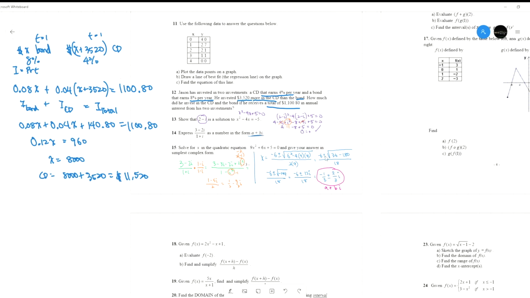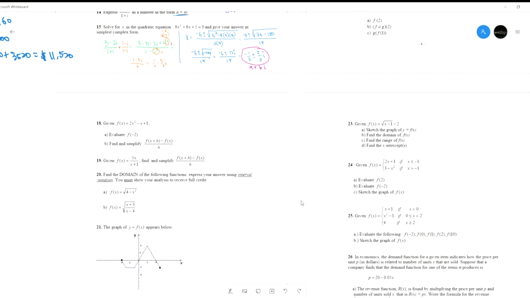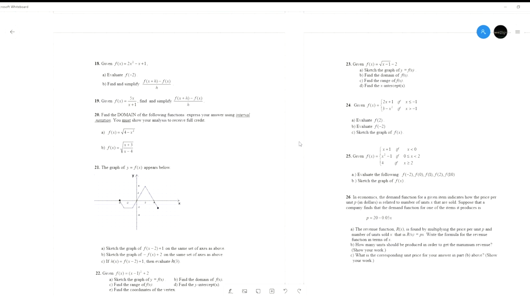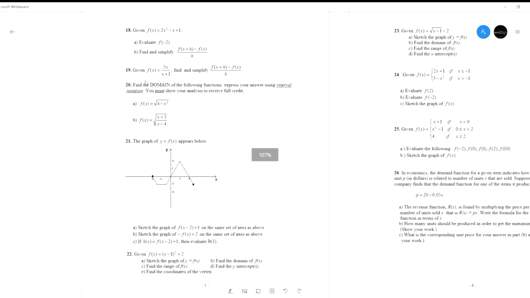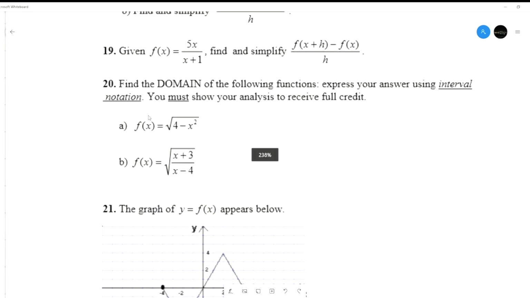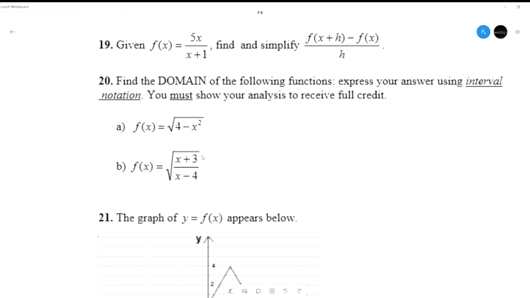Where is it? Anyway, should we try more domain problems like number 20? Is everyone good with domain over here?